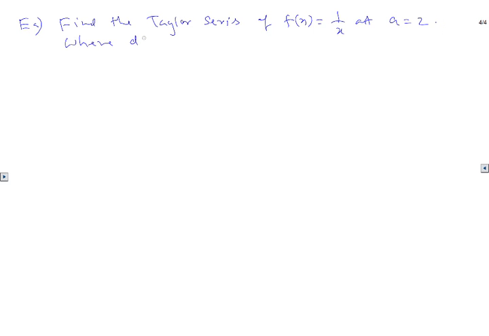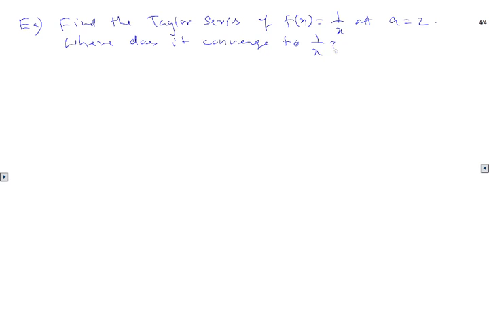For the next example, find the Taylor series of f(x) equals 1 over x at, let's say, just pick something easy like a equal to 2, and also where does it converge to 1 over x.